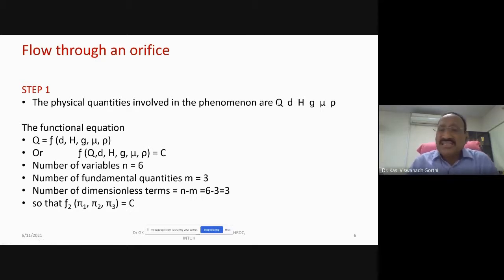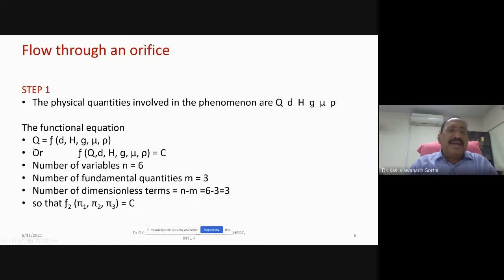So the functional relationship can always be established among the dependent and independent variables together as Q is equal to a function of D, H, g, mu, rho. All the variables are separated by commas.